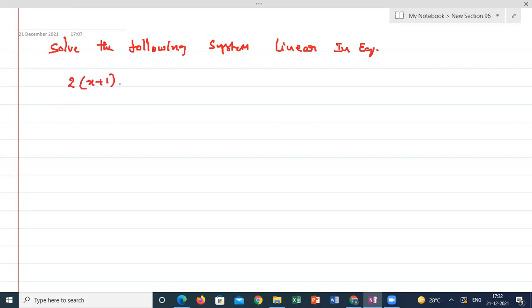Solve the following system of linear inequalities. The question is 2 of x plus 1 less than or equal to x plus 5, the first inequality.